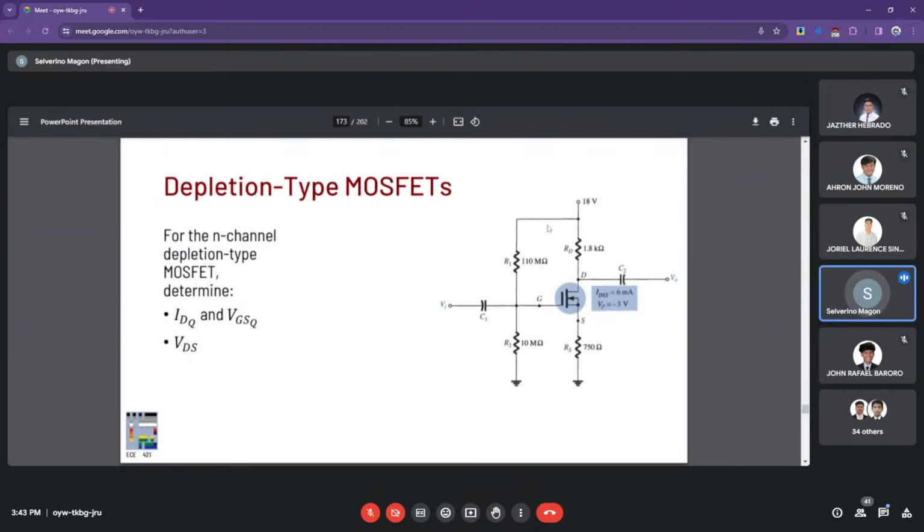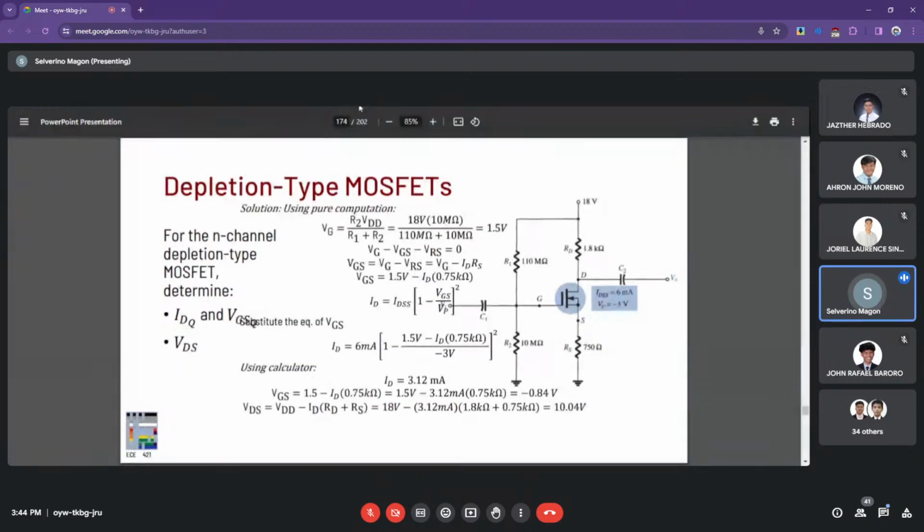We'll go through the KVL for the voltage divider network, then the input network through the VGS, through the GS loop, and the output network through the DS loop. So take a look at the equation, and we'll go through the steps for the case of the D-type MOSFET.